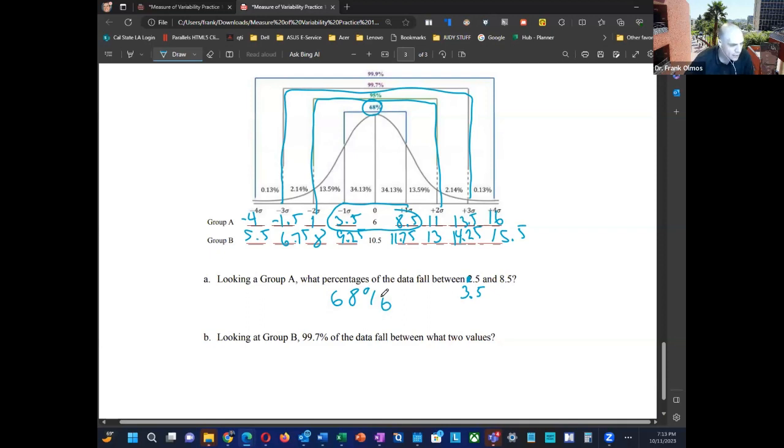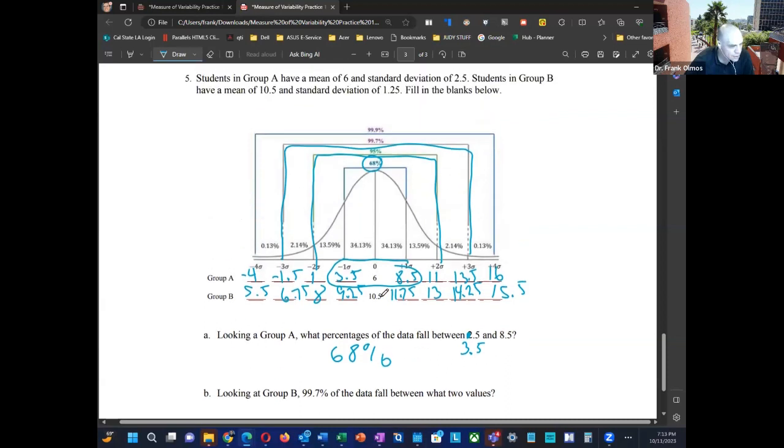So looking at group B, which data falls between what values? What's 99.7%? So I'll do this one too. I'll help you out. You want to look at 99.7% for group B, and it goes here.